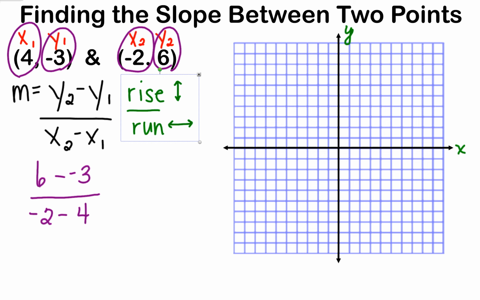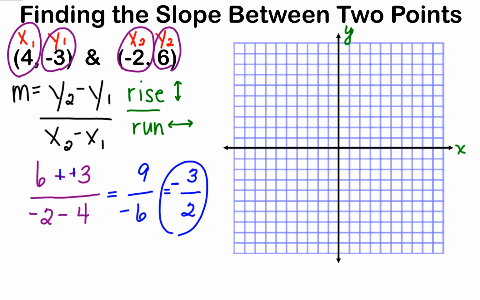I know that when I subtract a negative, that's the same as adding. So I'm going to get 9 over negative 6, and I can reduce that. 9 and 6 are both divisible by 3, so I get 3 and 2, and I'm just going to pull that negative out in front.